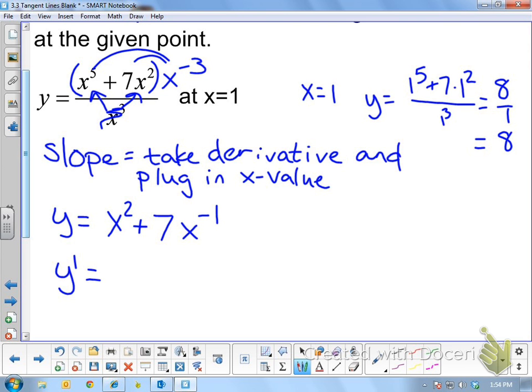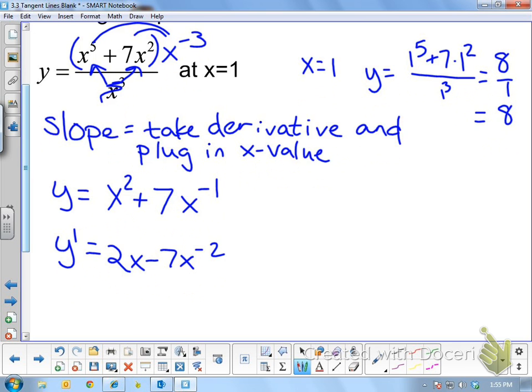Okay, so we take the derivative. We get 2x minus 7x to the negative 2. And we're not done yet on this one because we specifically wanted slope when x is 1. We want to know what that one tangent line is doing on my original graph.